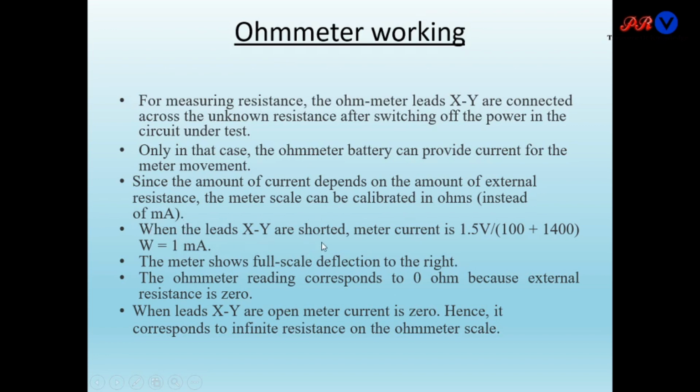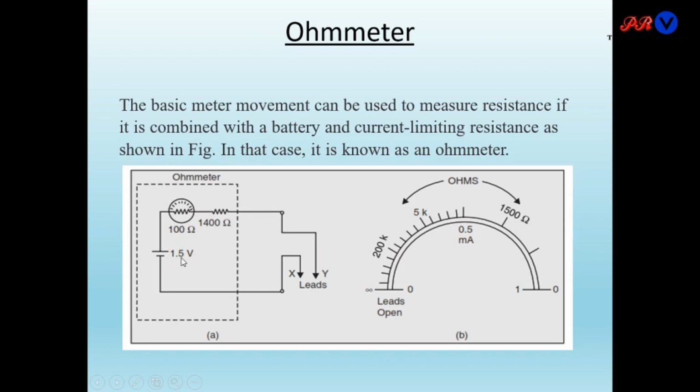When the leads are shorted, meter reading is 1.5 volt divided by 100 plus 1400 ohm. Here the current is 1 milliampere, because here we are using a 1.5 volt battery, and 100 ohm is the internal resistance of galvanometer and 1400 ohm is the series resistance of the ohm meter. So when these leads are short circuited, only two resistances will work, 1400 ohm and 100 ohm.